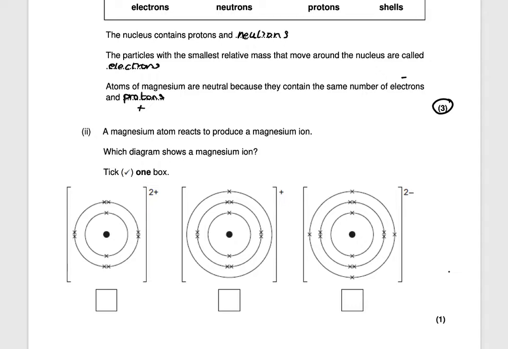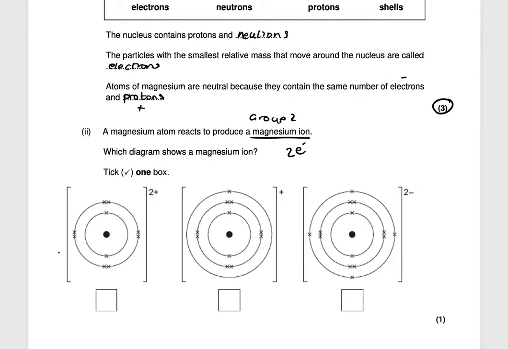Next question. A magnesium atom reacts to produce a magnesium ion. Which diagram shows a magnesium ion? So remember, magnesium is in group 2 of the periodic table. That means it's going to have 2 electrons in its outer shell.